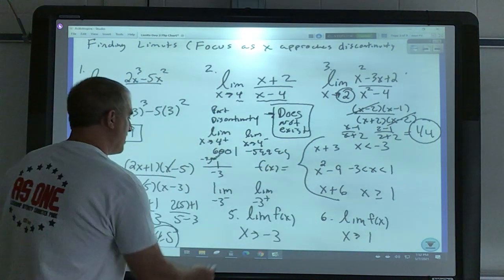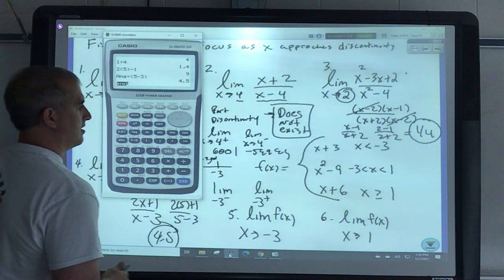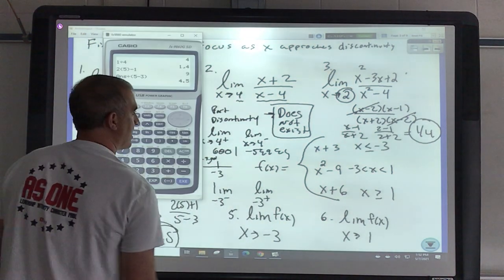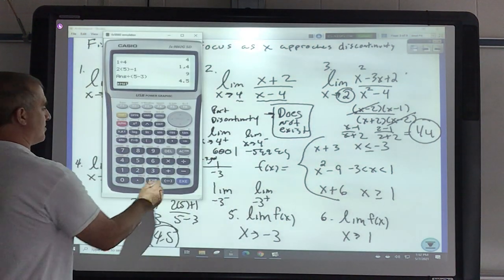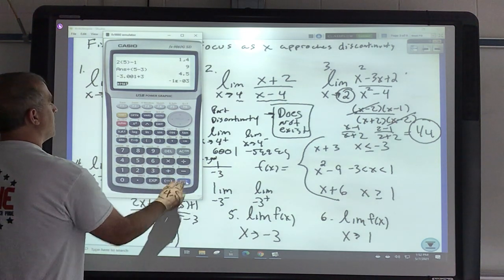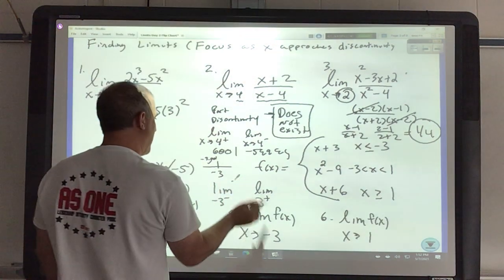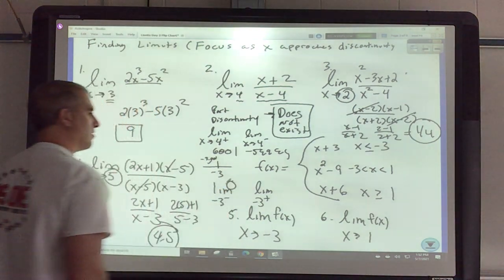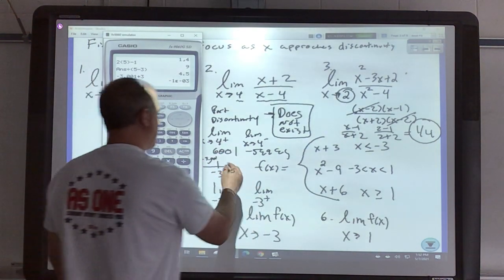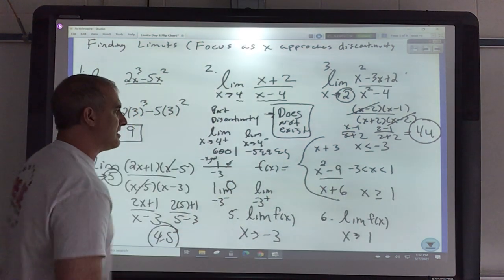If I evaluate that at less than negative 3, so negative 3.001 plus 3, that gets me to about 0. So that's about 0 for this part. For the other part, I would use this function, because that would be on that side.